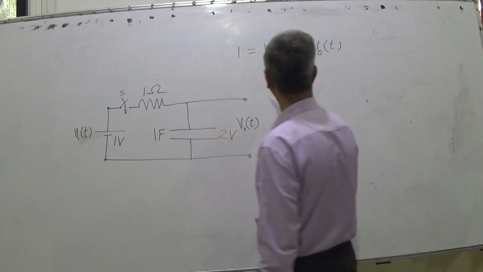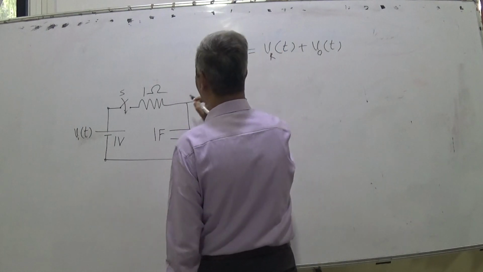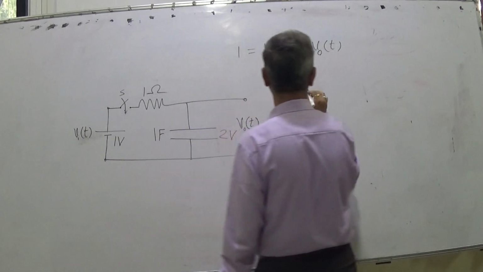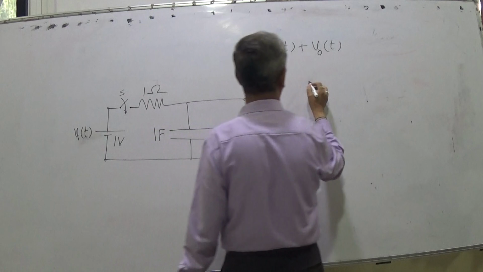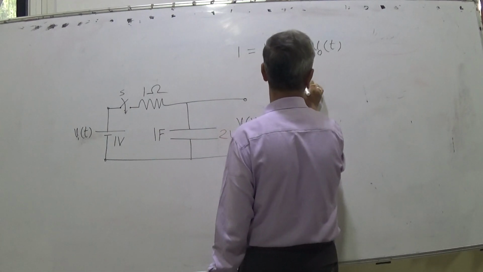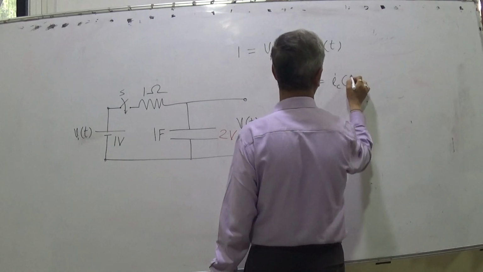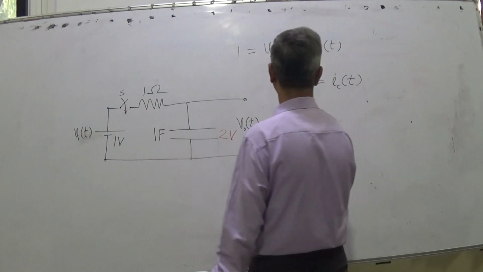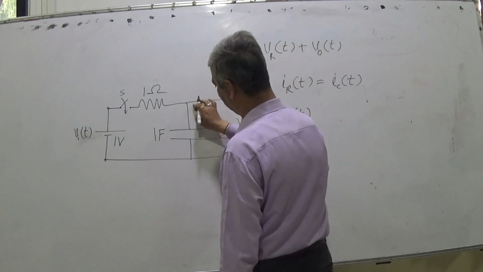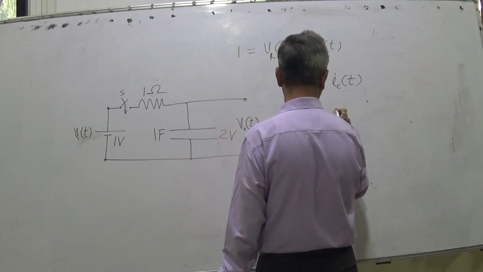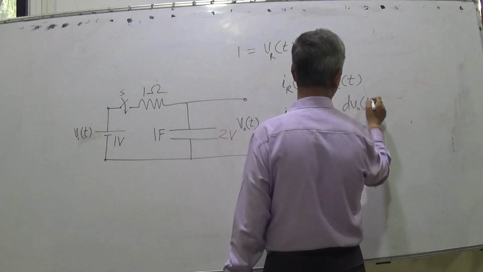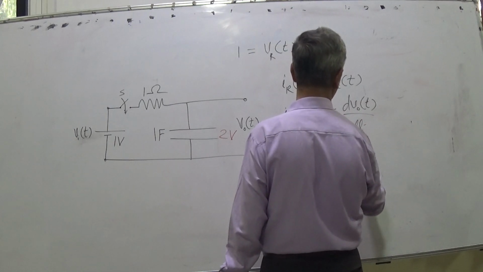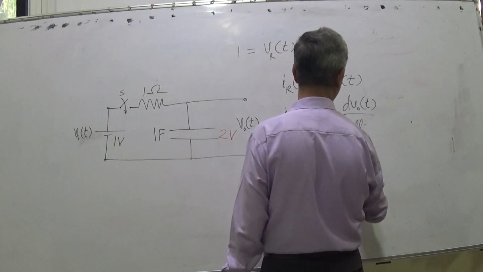What is VR(t)? VR(t) is voltage across resistor, VO(t) voltage across capacitor, and obviously IR(t) is equal to IC(t). What is IC(t)? It is the current through capacitor, equal to C dVO(t) by dt, but C is 1, so it is dVO(t) by dt.